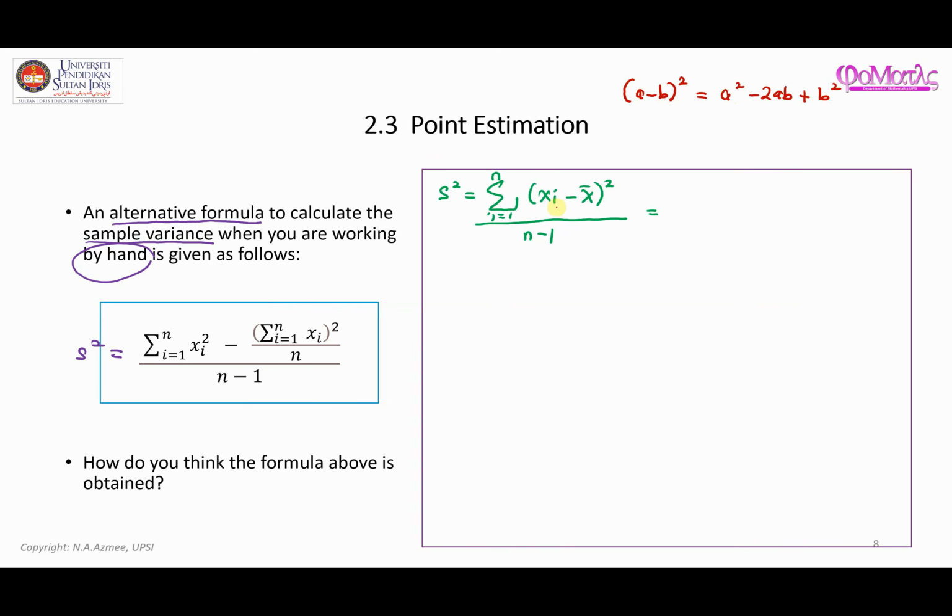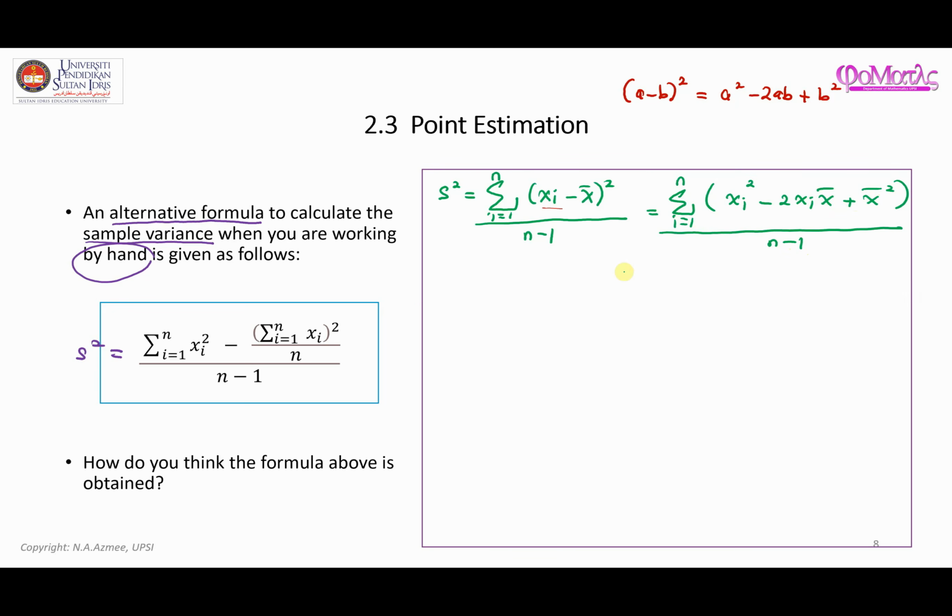So the same thing we're going to do for this one, okay? So next we are going to continue with expanding it. So it becomes xi squared, okay, minus 2 xi x bar plus x bar squared, over n minus 1.